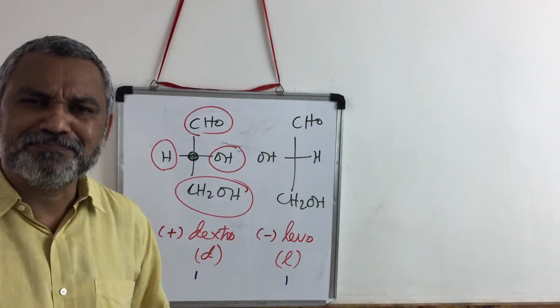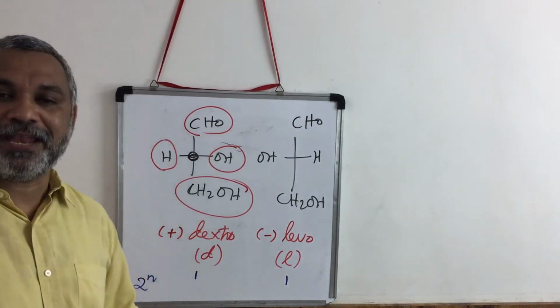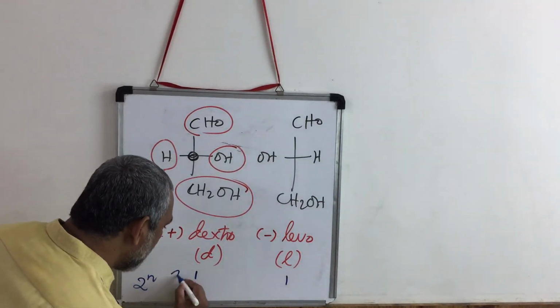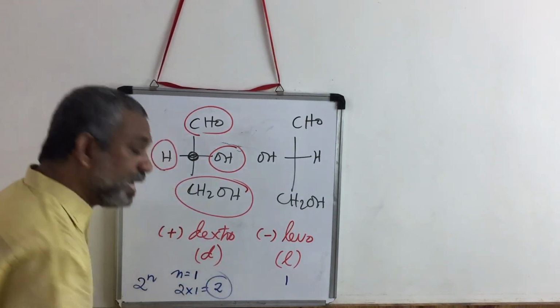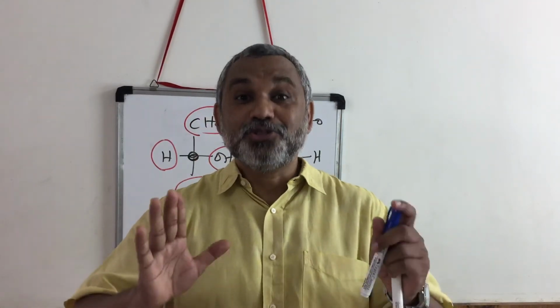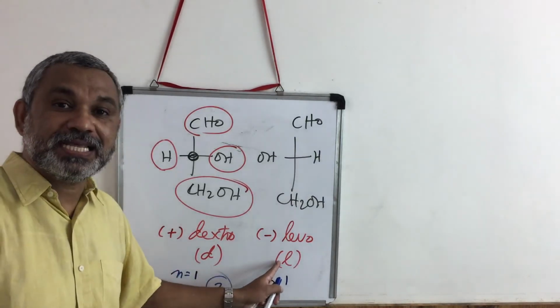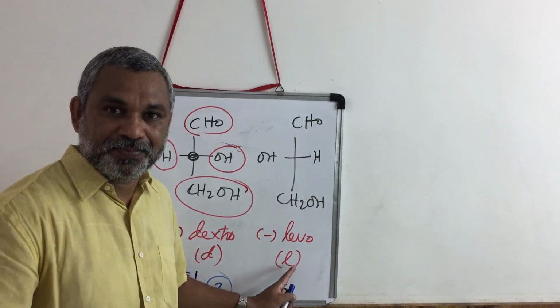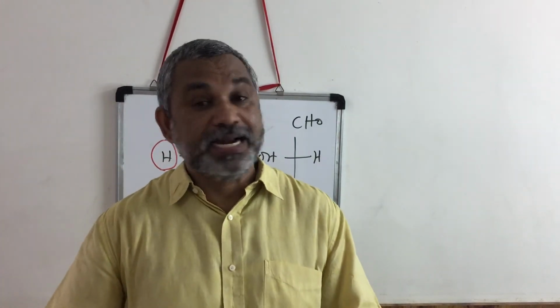There is a very simple formula: 2 raised to the power n. Here n is equal to 1, so 2 to the power 1 is equal to 2. So glyceraldehyde can exist in 2 forms, that is D-glyceraldehyde as well as L-glyceraldehyde, either dextrorotatory or levorotatory.